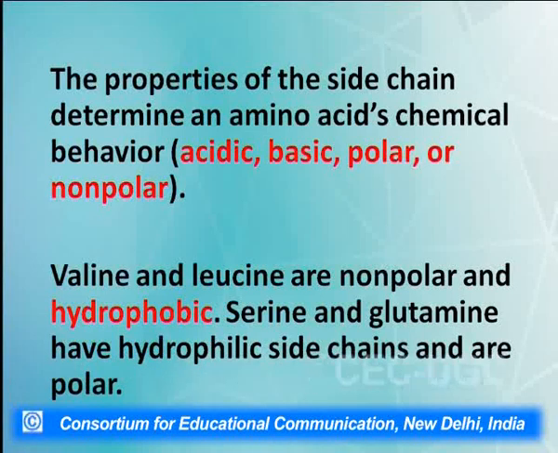On the other hand, serine and glutamine have polar side chains and are hydrophilic in nature. Serine has an OH group in the side chain and glutamine has an amido group, that is CONH2, in the side chain.